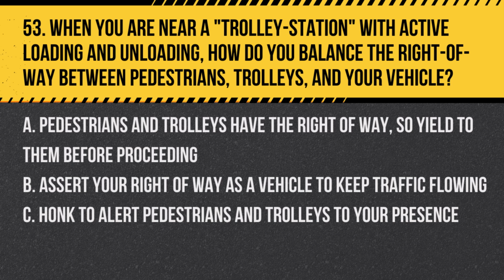C. Honk to alert pedestrians and trolleys to your presence. Answer. A. Pedestrians and trolleys have the right-of-way, so yield to them before proceeding. Near a trolley station with active loading and unloading, the safety of pedestrians and the right-of-way of trolleys take precedence. Drivers should yield to both and proceed only when it is safe and clear to do so.